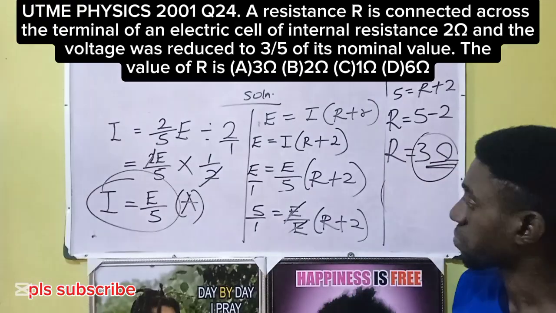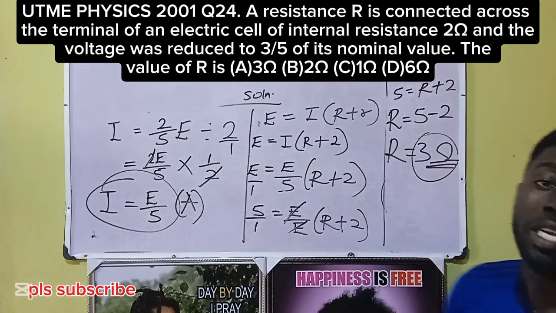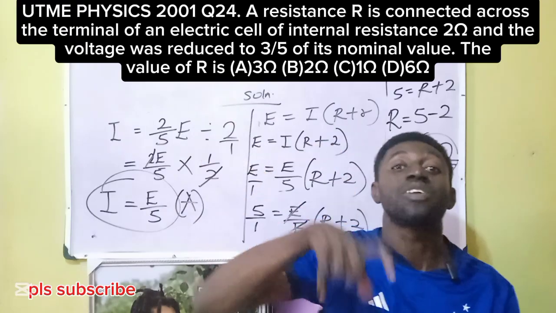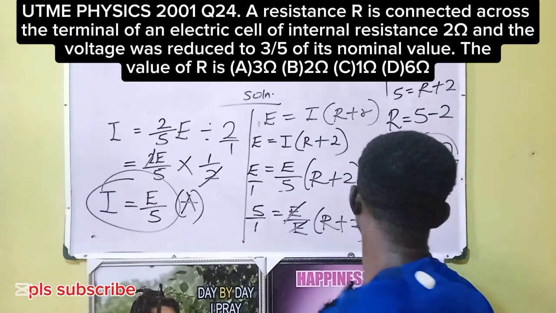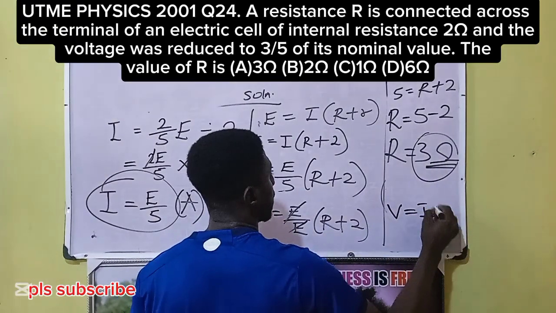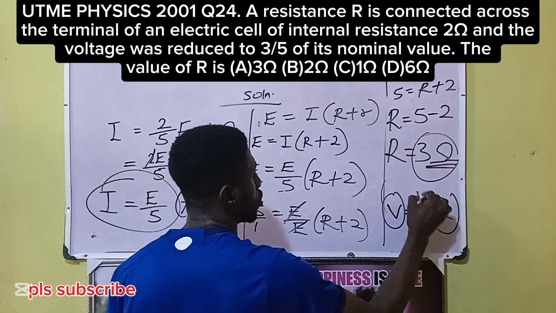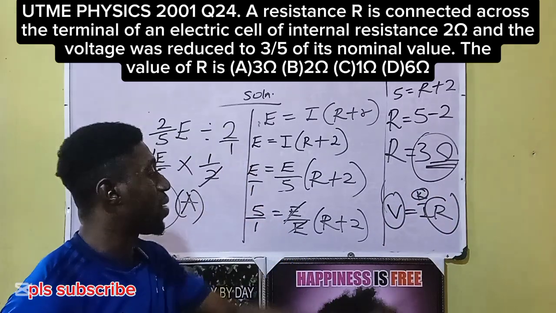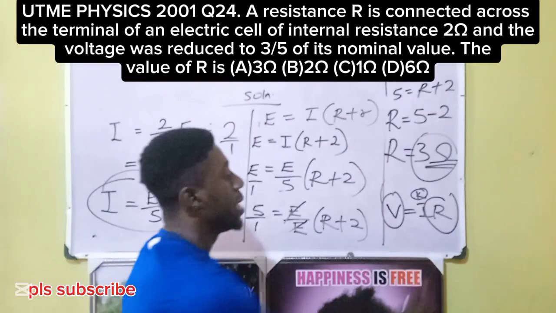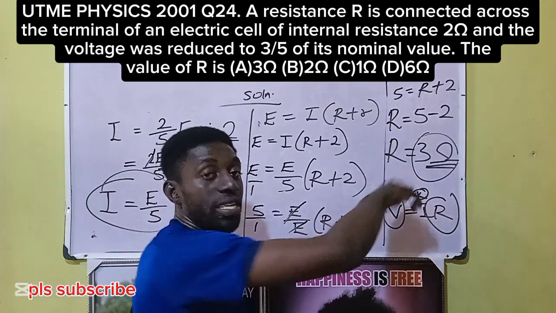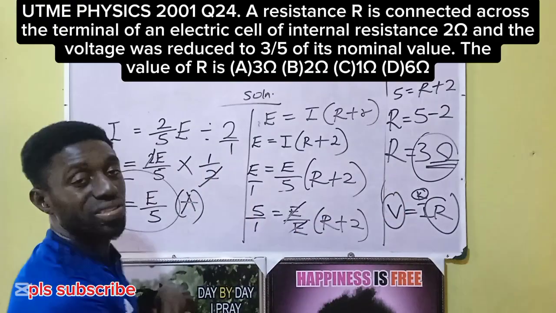Notice, Ohm's law says where there is a greater resistance, there will be a greater voltage. Ohm's law, V is equal to IR. The more the resistance, the more the voltage, provided current is constant. According to Ohm's law, the higher the resistance, the higher the voltage. We have higher resistance in the circuit, lower resistance in the cell.